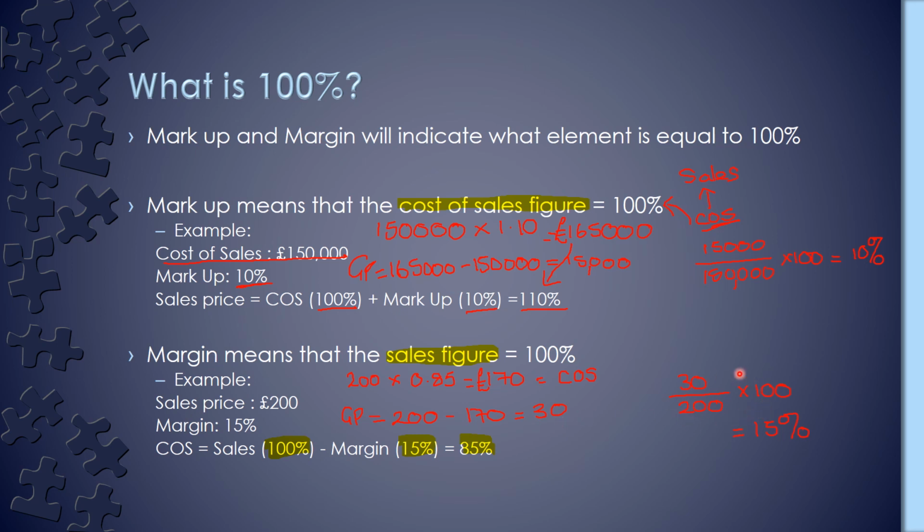Put it into our formula over here, which if I bring the formulae up at the bottom, is then your gross profit, 30, divided by your sales, 200, times 100 equals 15, and that 15% is the margin that we were using earlier. So you can then prove that your figures are correct. As we work through a couple of examples, this will come into play a little bit more and hopefully start to make some sense.